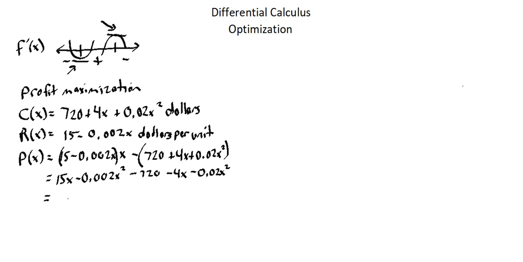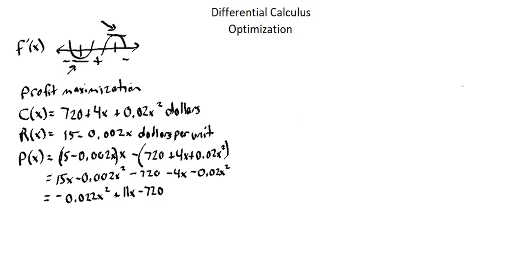Then I can simplify to negative 0.022x squared plus 11x minus 720. So this is my profit function, total profit. What I want to do is determine the input, the x value, number of units of production, to maximize the output, which is total profit.